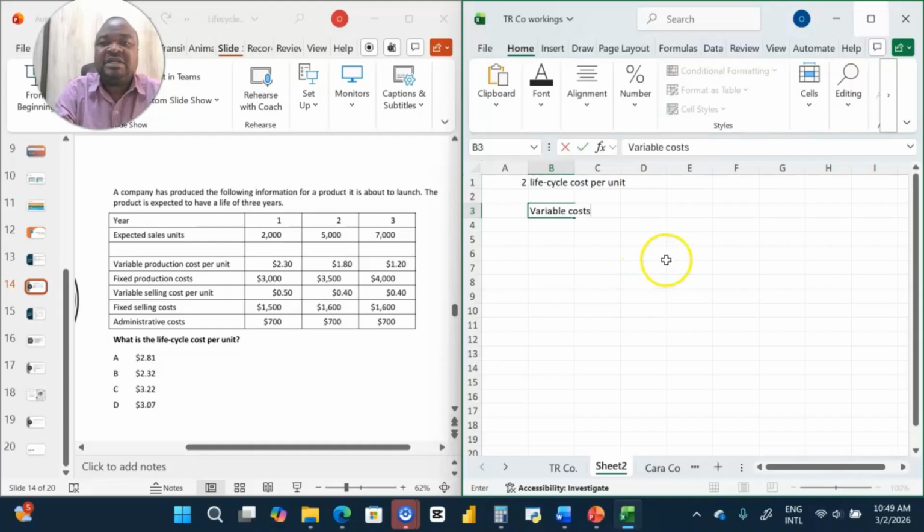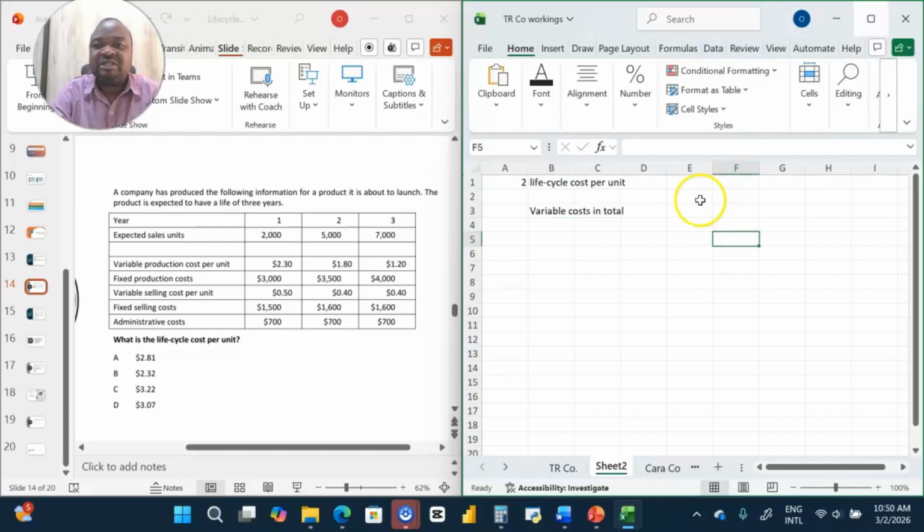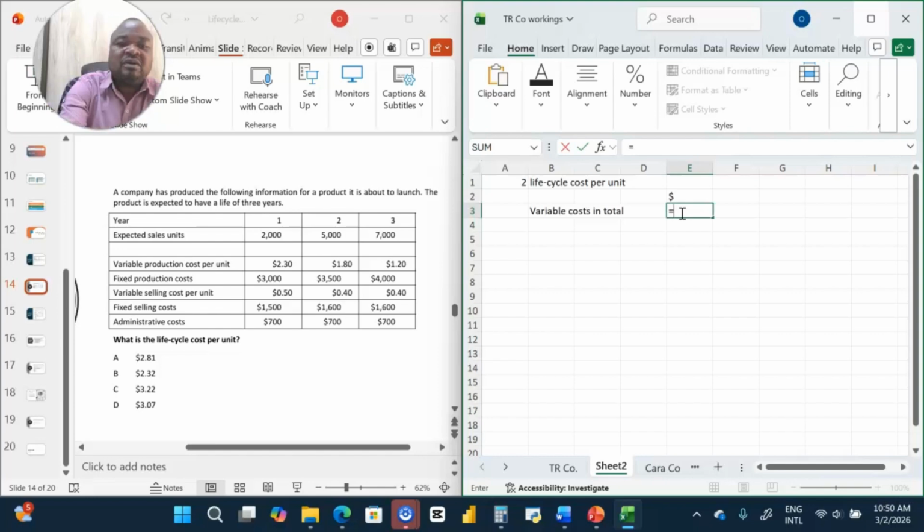The variable costs. Remember, we need these costs in total. First of all, determine the total costs. That's the trick, guys. That's the trick. Okay, you can put your $ sign there. So here it's equal sign. The costs per unit in year one was $2.30. You then have to multiply that by the total number of units produced in year one, that is 2,000.